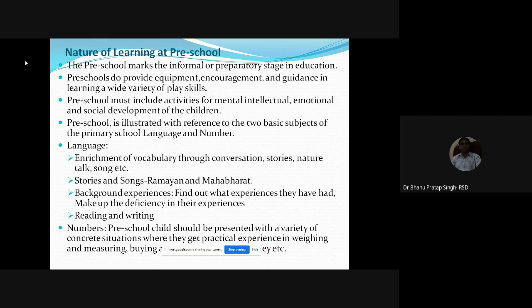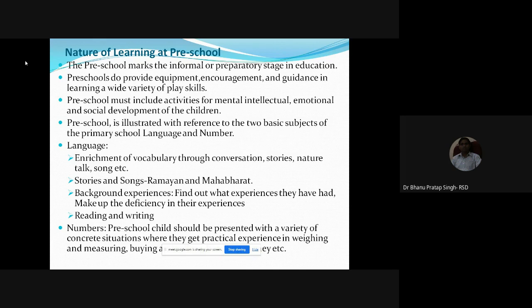Even there are so many other important religious stories. Even we may, as a teacher, tell the child about leadership and various good leaders. There is also the background of experiences.